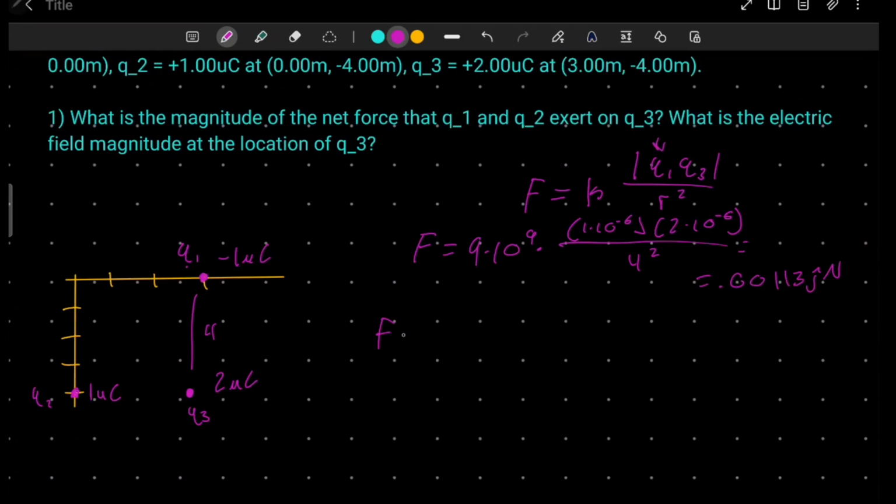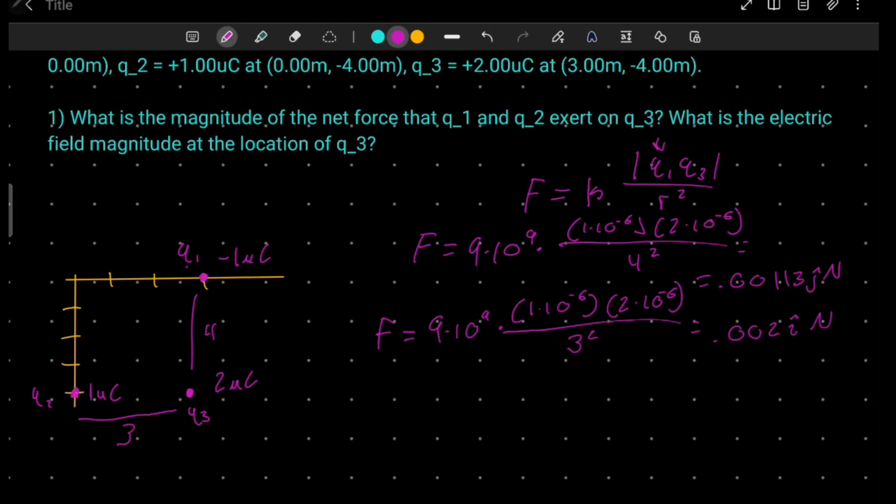So we'll plug in our variables: 9 times 10 to the 9 times 1 times 10 to the negative 6, practically the same equation, all over our radius, which is going to be 3 squared. After we plug that into our calculator, we get a value of 0.002, and it'll be in the I direction, newtons.